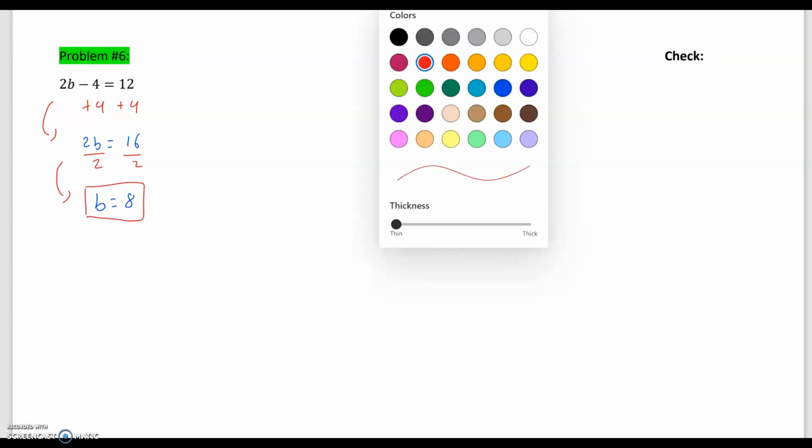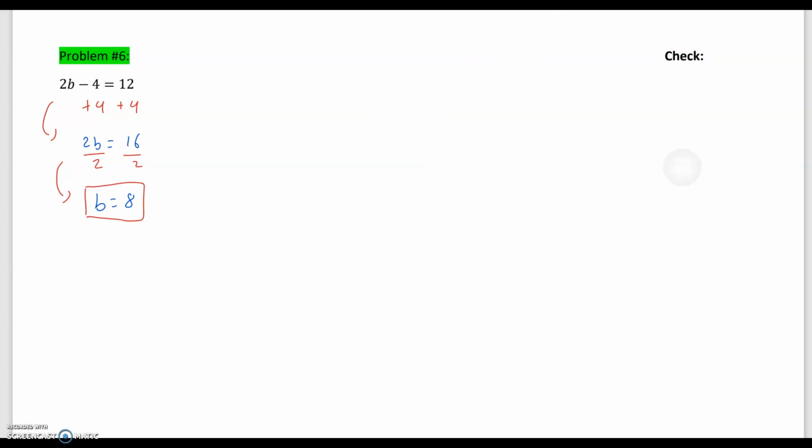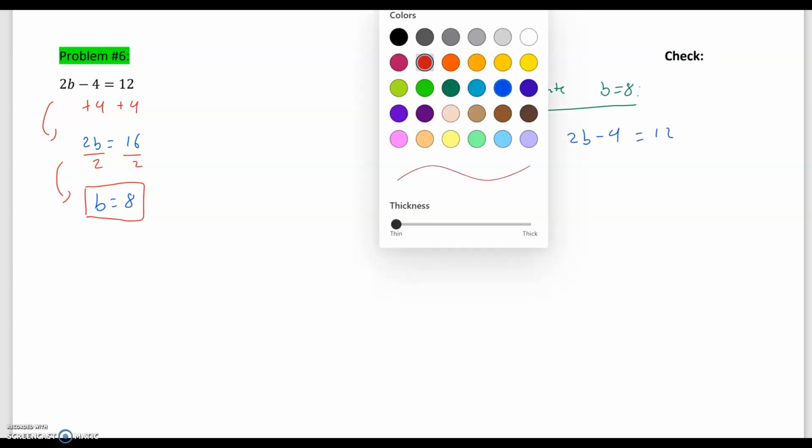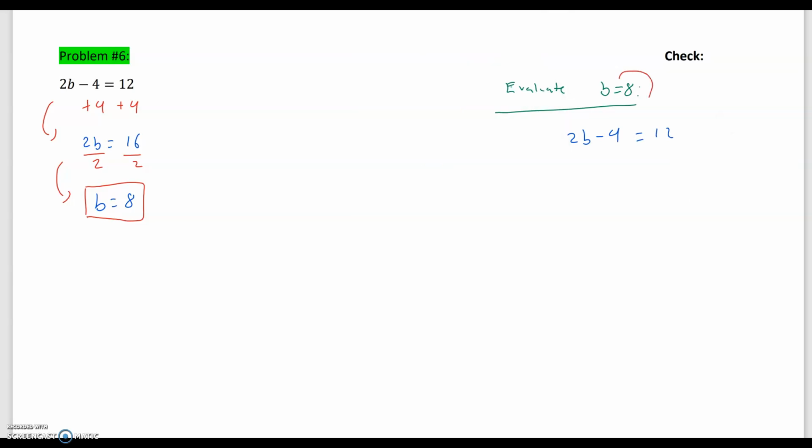And then to evaluate, as we do the checking, so b is equal to 8. So this will be 2b minus 4 is equal to 12. In this case, the b goes in this position.